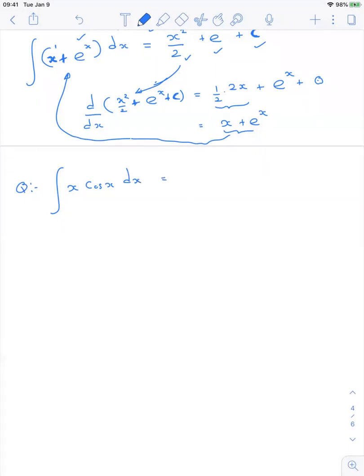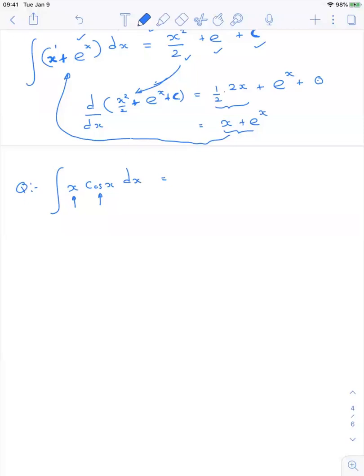So if I ask you to integrate this, sorry, if I ask you to differentiate this, it is not that hard, because here is one function x and here is another function cosine x, and this is a multiplication of two functions. And when you have a multiplication of two functions and you have to differentiate, you know how to do that, right? So you just apply the product rule that we learned in the differentiation lessons, and you can differentiate it. But it is not like that in this situation when you are going to integrate, right?